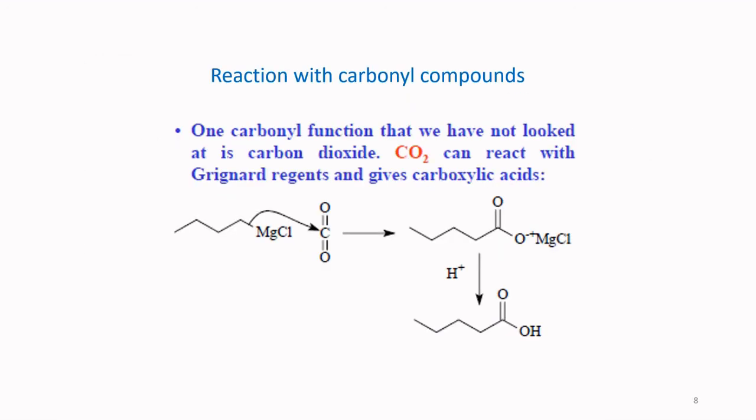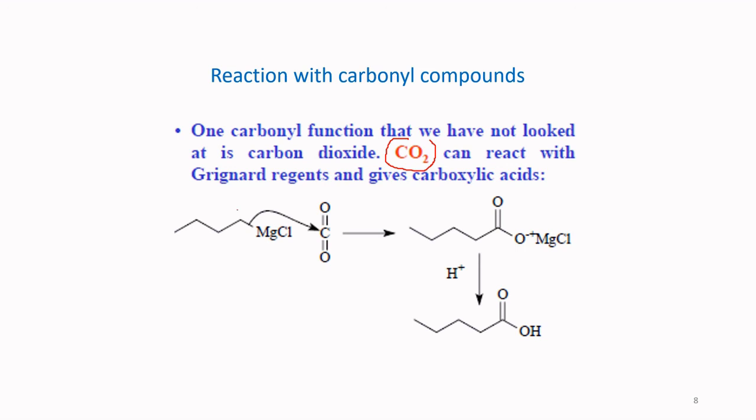We have mentioned the reaction of a Grignard reagent with formaldehyde, higher aldehyde, ketone, and also ester. Another carbonyl functional group that we have not looked at is carbon dioxide, which can react with Grignard reagents and give a carboxylic acid.